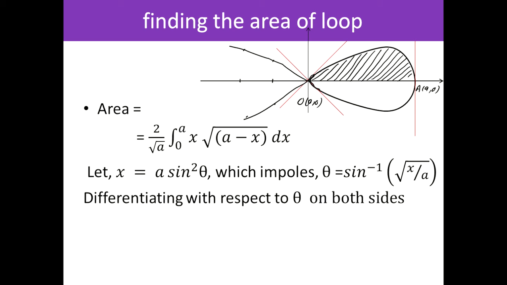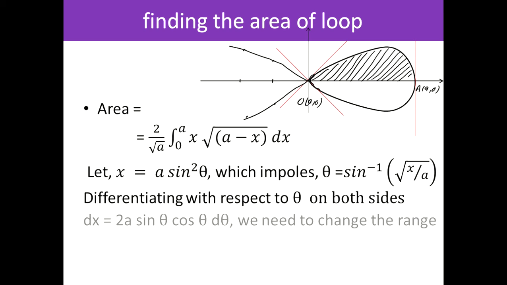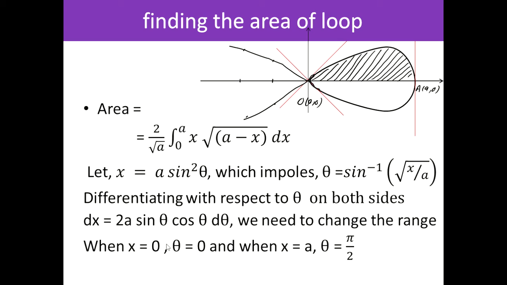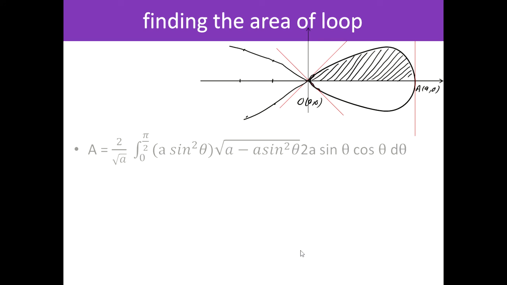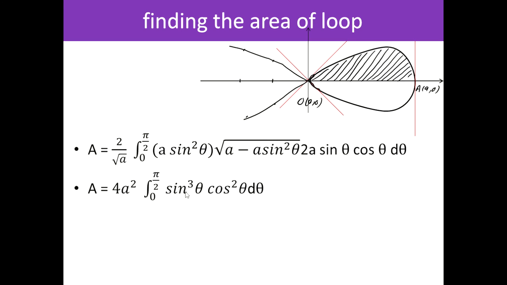On differentiating with respect to theta on both sides, we get the value of dx, and we need to change the range. So when x is equal to 0, this equation gives theta equal to 0, and when x is equal to a, this equation gives theta equal to pi by 2. And then by substituting the values, we obtain this type of equation.